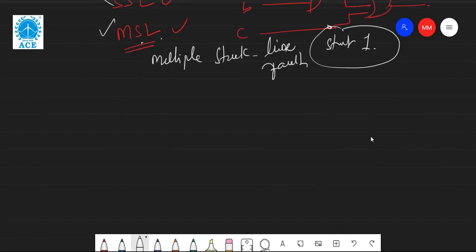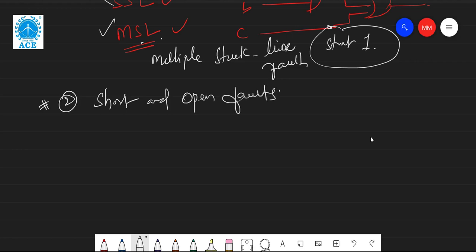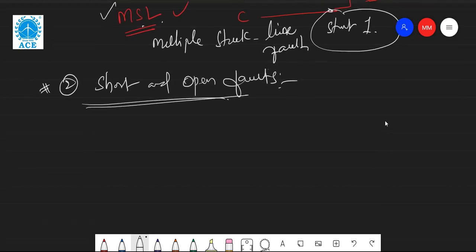So next we will see the second one, short and open faults. Let us see this.